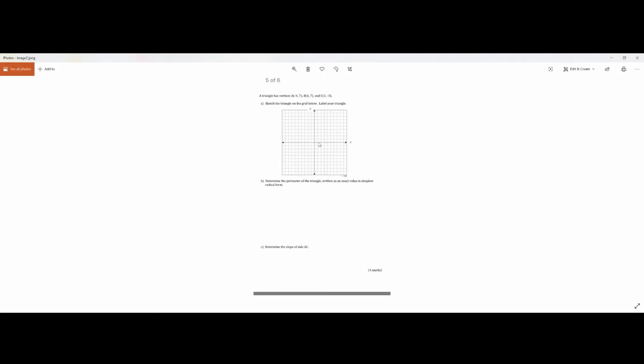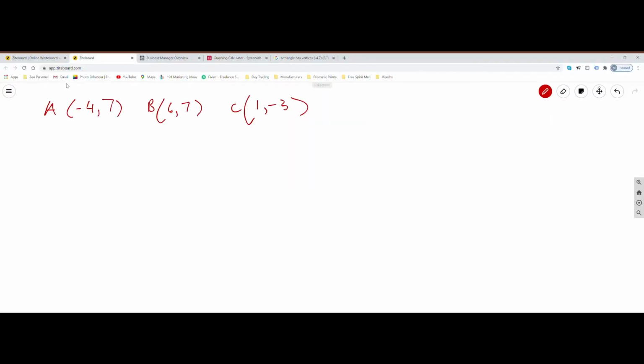And C, 1 and -3, which would be here. Then you have to join the points. So first what we'll do is, you have the points A(-4, 7), B(6, 7), and C(1, -3).